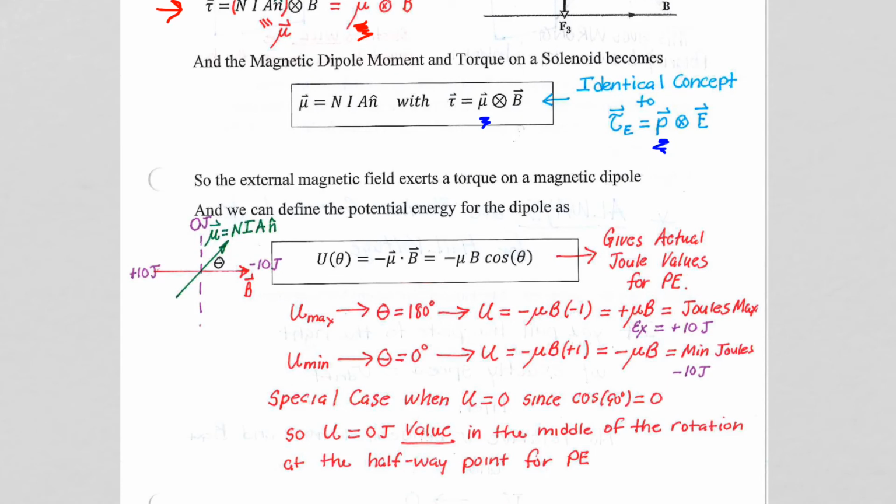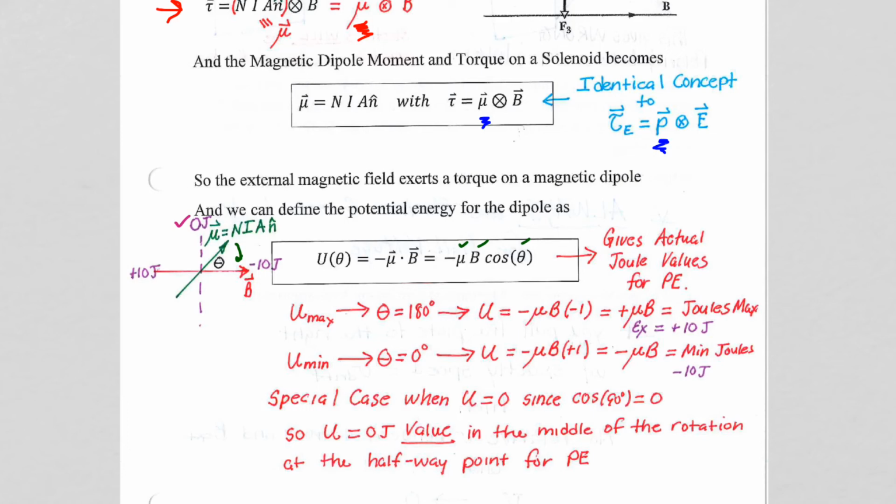So let's think about that mu NIA N hat vector, that N hat rotation in the presence of the external field, as a negative mu B cosine of theta value. Remember, potential energy is always about the change in potential energy, not a specific energy value. And just like we had with the dipole rotation in the electric field, we have a 0 joule value at the mid-energy range.